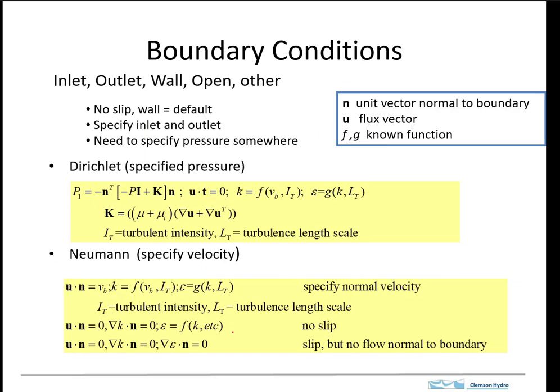Okay, so the boundary conditions end up being a little more complicated than what we've seen for laminar flow, but we have two basic types where we can specify the pressure or specify the velocity. For the specified pressure, if P1 is the pressure we specify, what we saw last time was we could just say that the pressure at the boundary is equal to some specified pressure.